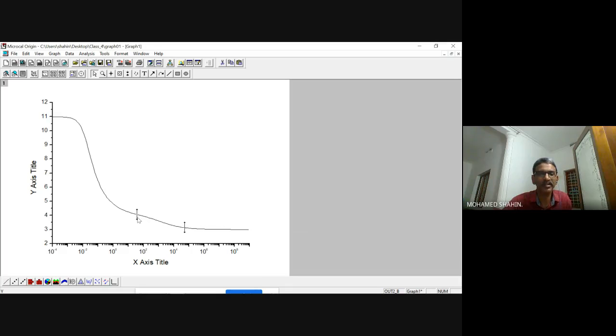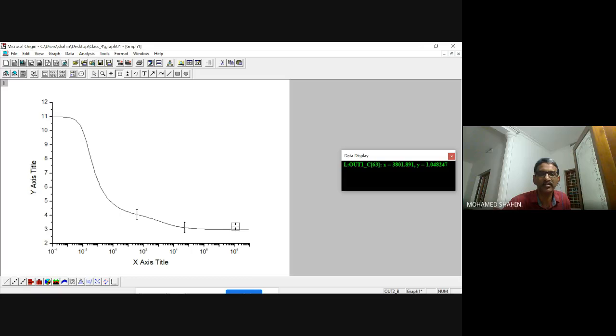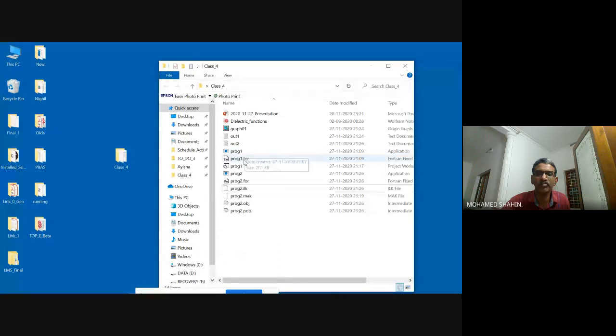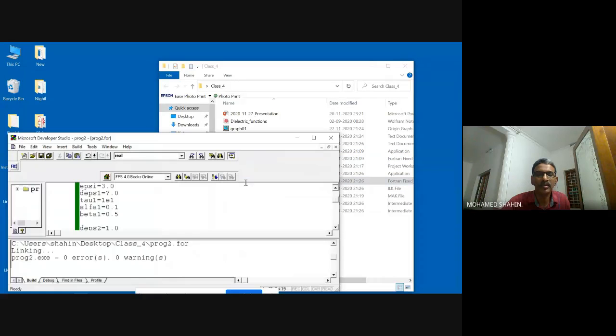Okay. Now you can see a clear-cut first process, second process, and this is epsilon infinity. Epsilon infinity is 3. Epsilon infinity we have defined to be 3 only.